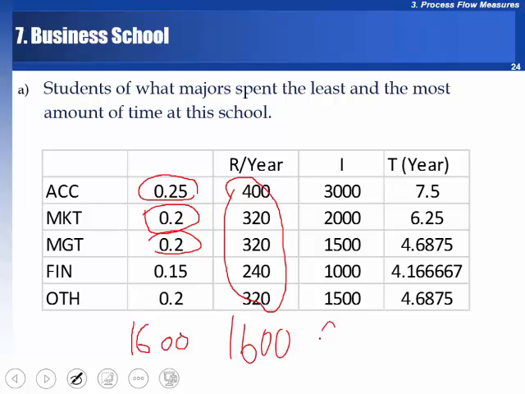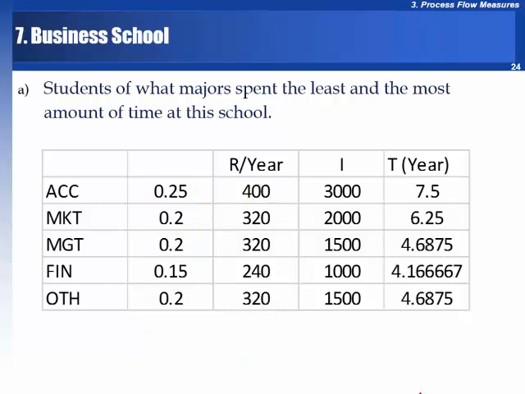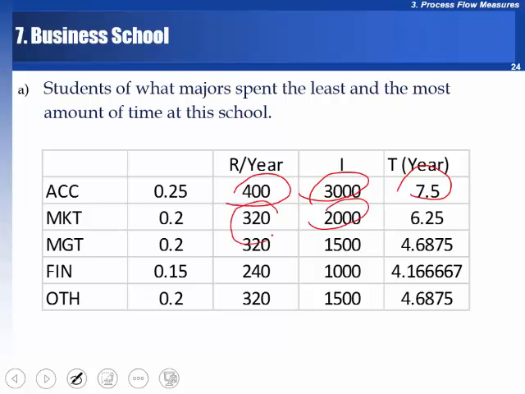Inventory we had and the summation is 9,000. We said 9,000 divided by 1,600 is 5.625. We can do the same thing for all components here. I divided by R, 7.5. I divided by R, 6.25.